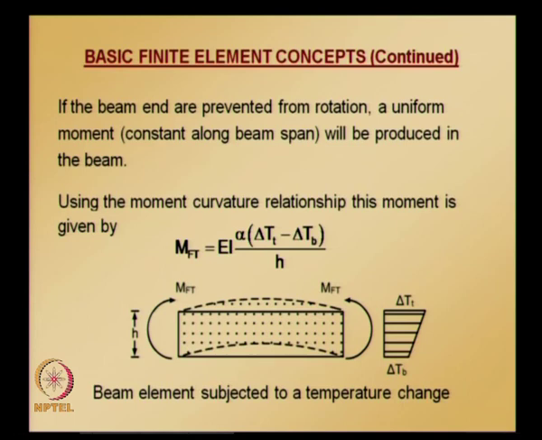Suppose the top surface temperature is lower than the bottom surface temperature, the direction of moments will be opposite, as the beam is going to rotate, or it tries to oppose the curvature because of temperature.